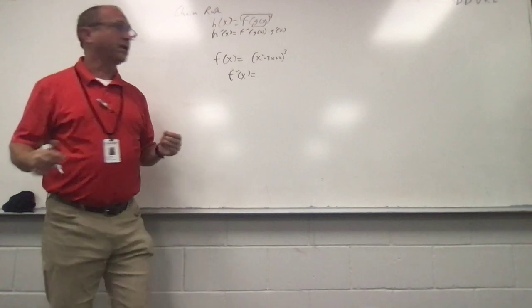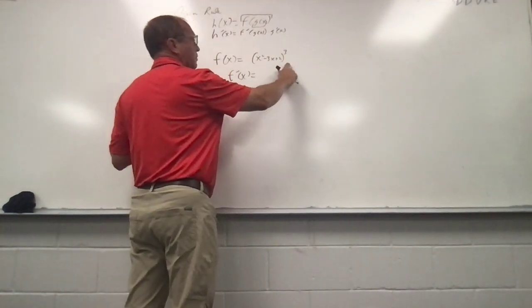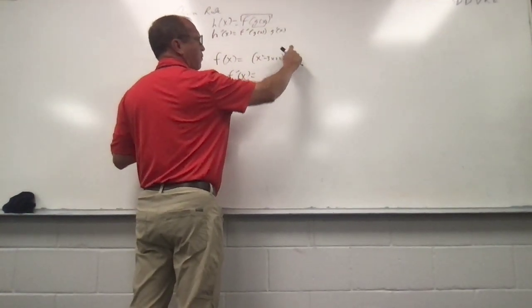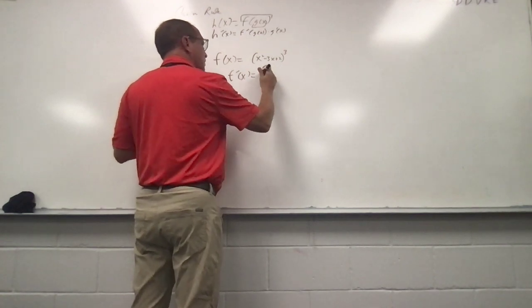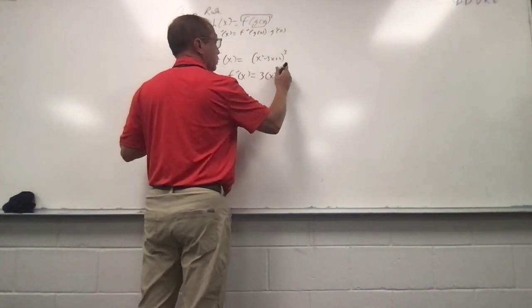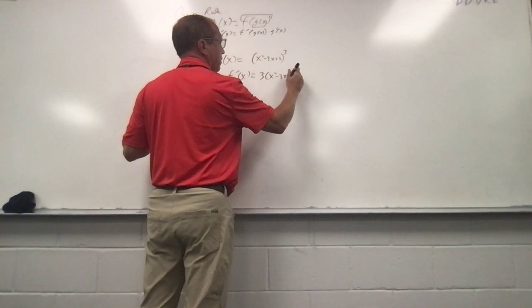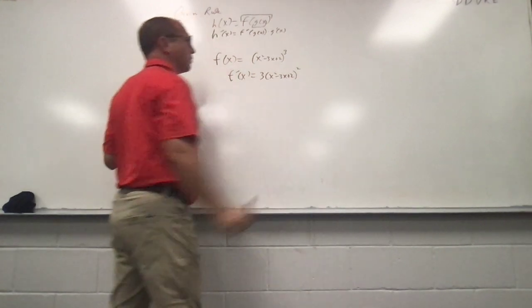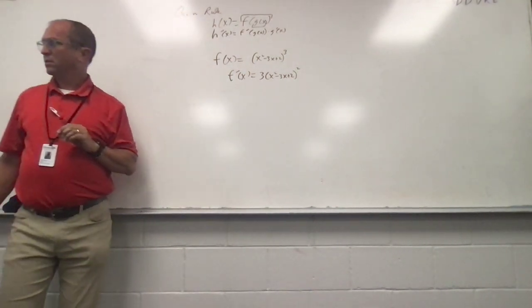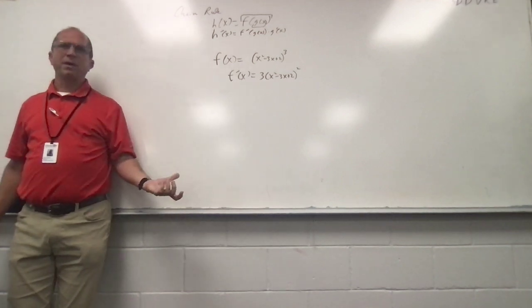Now, the chain rule here involves the outer portion, and the outer portion is just a power rule situation. So this becomes 3 times x squared minus 3x plus 2 to the second power, which is what you would probably expect it to be.